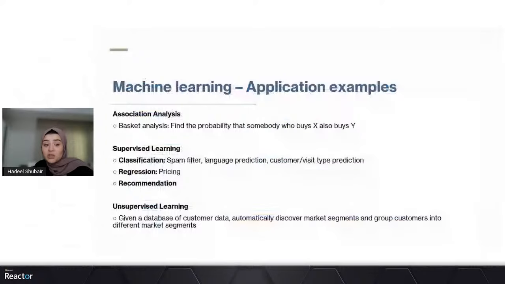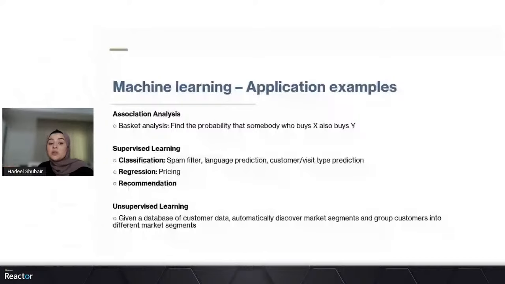Some application examples include association analysis. You have basket analysis, meaning if you want to find the probability that somebody who buys X also buys Y, you need to know that if a person buys apples, they will also buy oranges, for example. In supervised learning, you have classification, like spam filters in email.